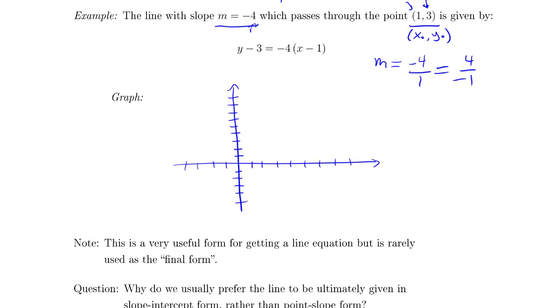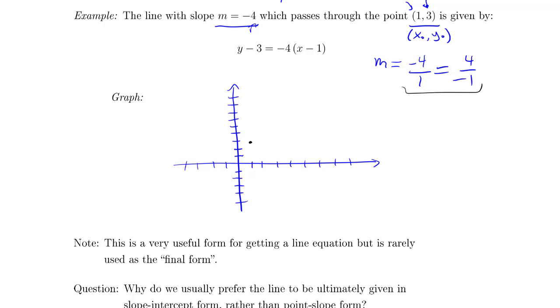Okay, so in this time, since we're given the point 1, 3, we'll find the point 1, 3 right there. And now we're just going to use our slope, in our different forms, to move off of that point.